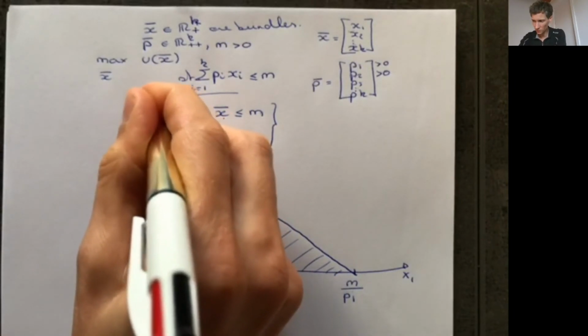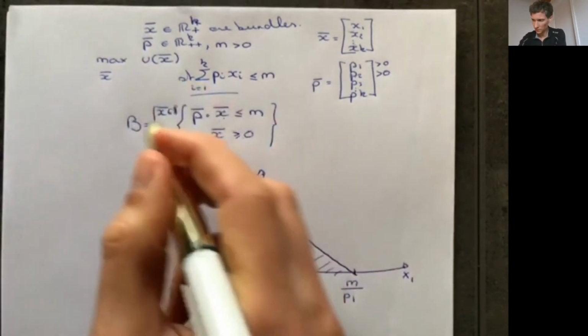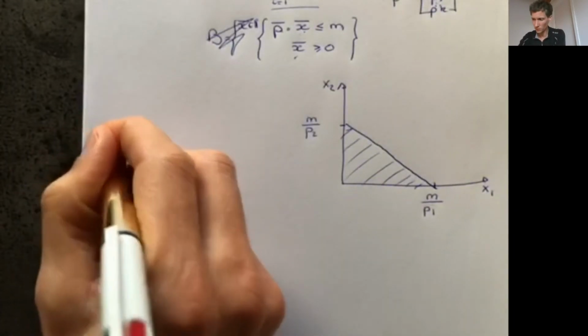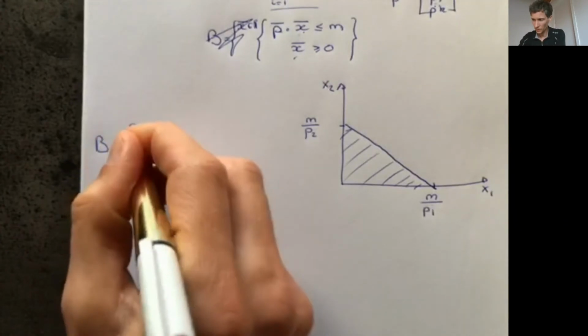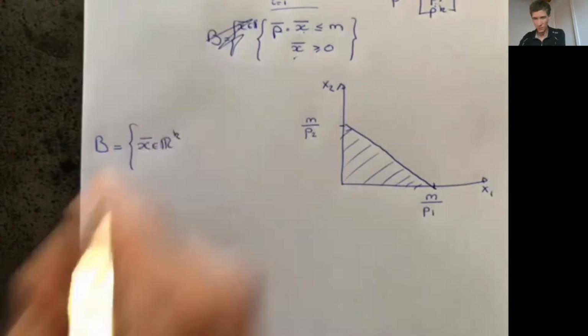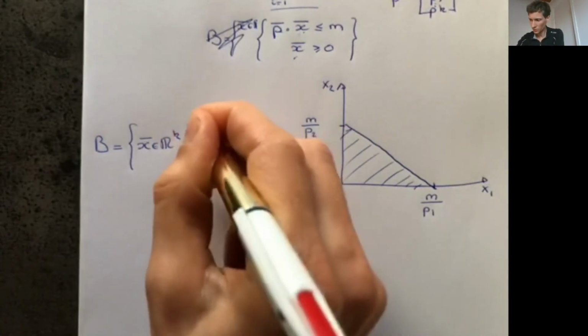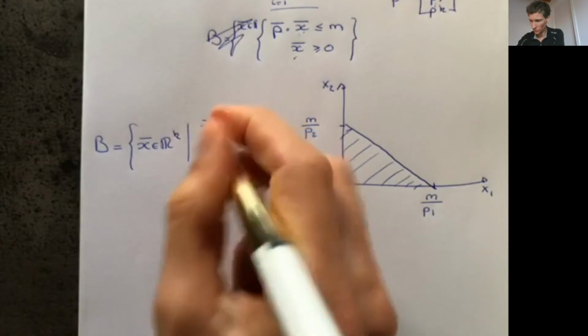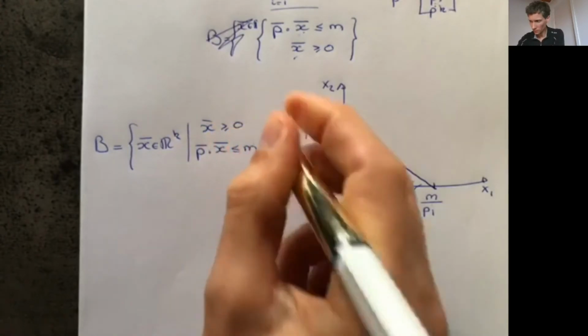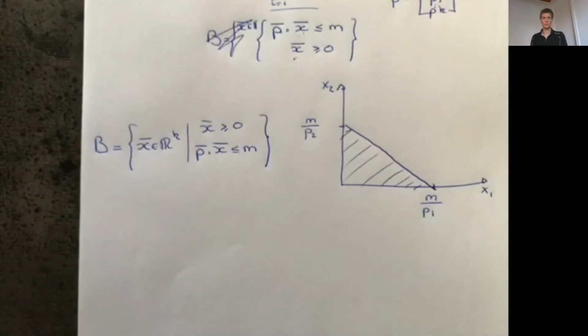So this is the set of all vectors x. So let me rewrite it at the bottom where I have a bit more room. All right, so we call this the set B, the set of all vectors x in R^k such that x is greater or equal to 0 and p times x is lower or equal to the budget.